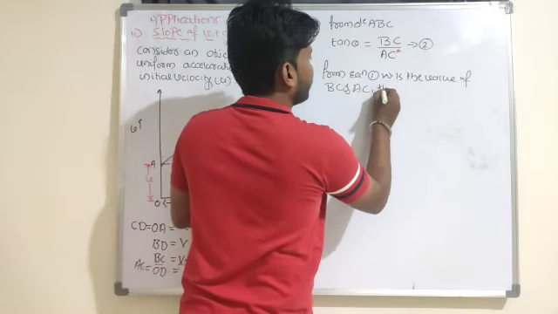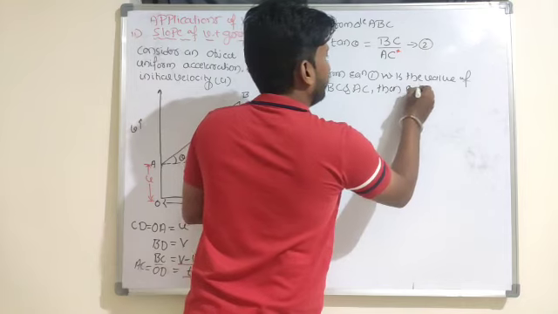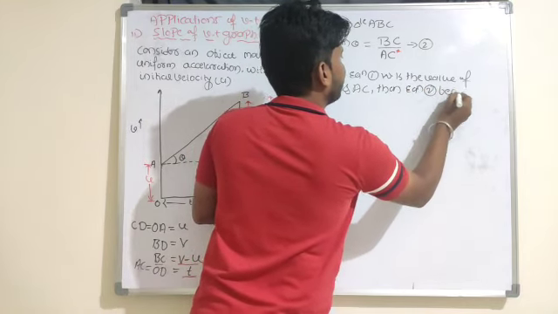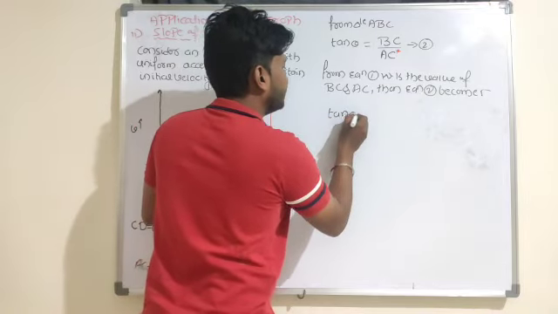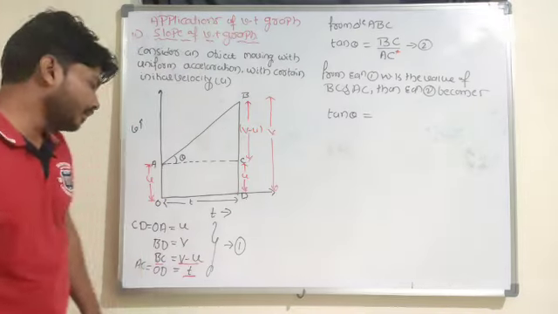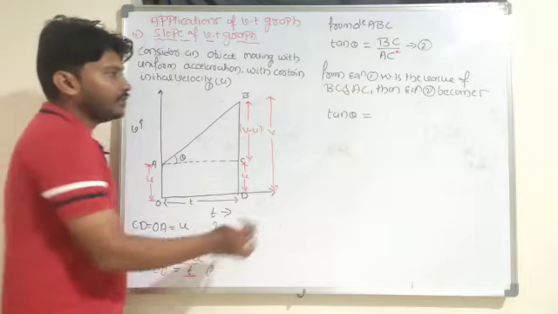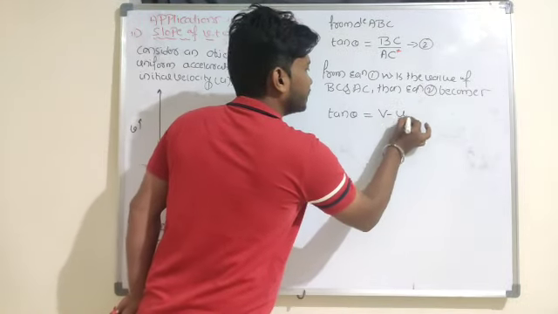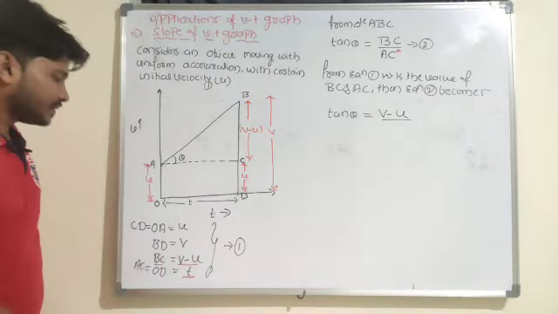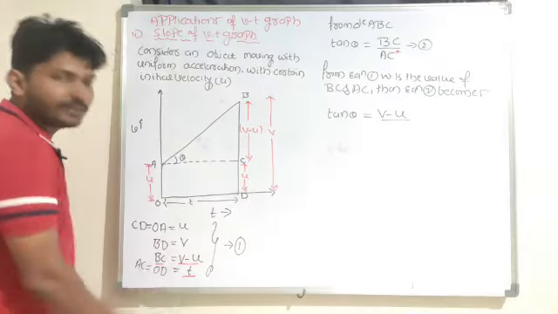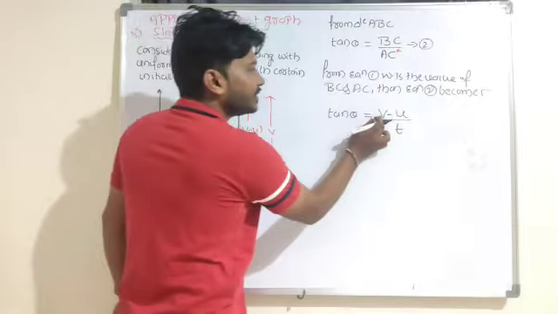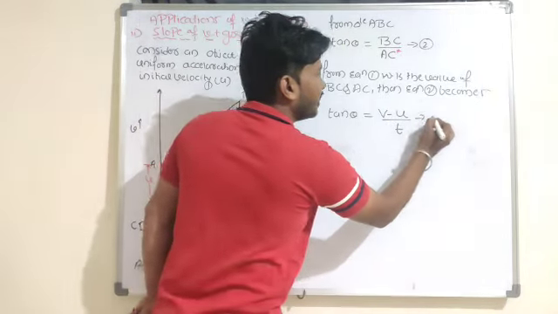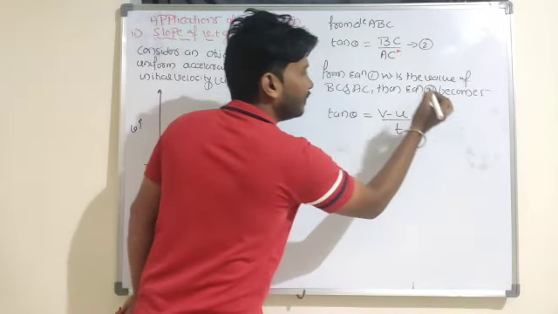Then equation 2 becomes: tan theta is equal to BC, which is v minus u, divided by AC, which is the time taken t. So tan theta is equal to v minus u divided by t. This will be equation 3.